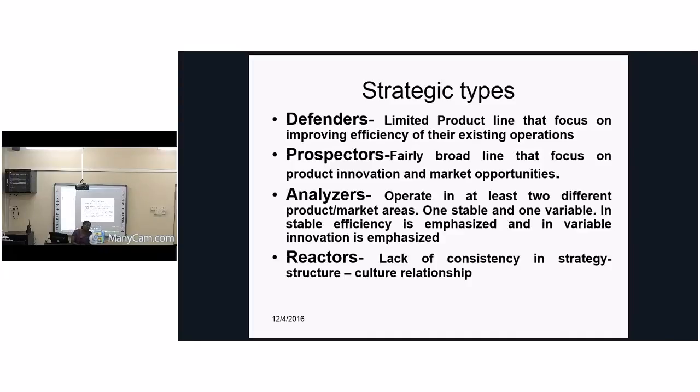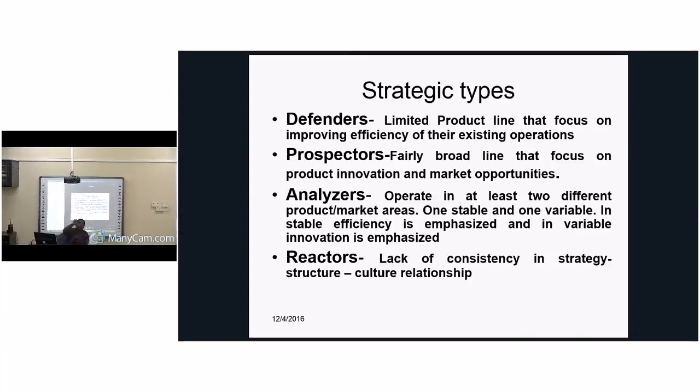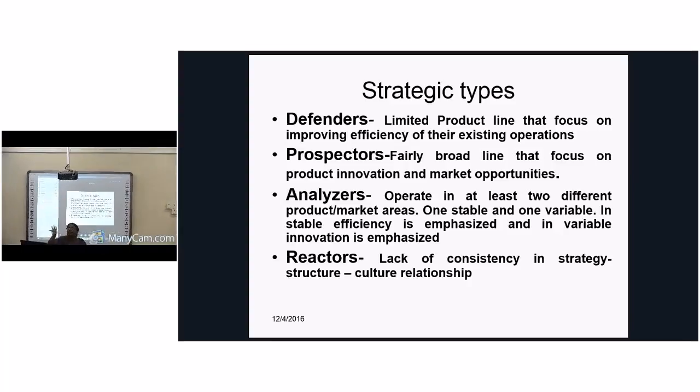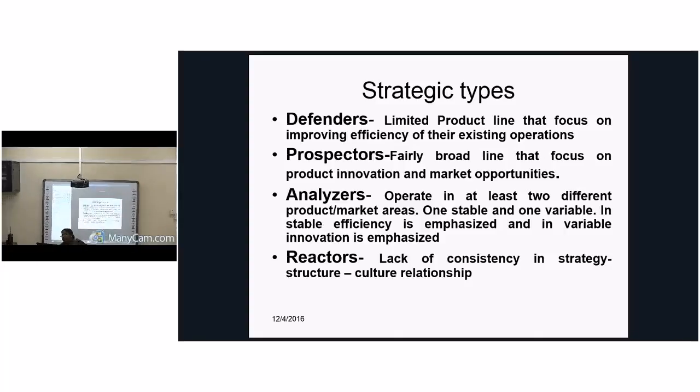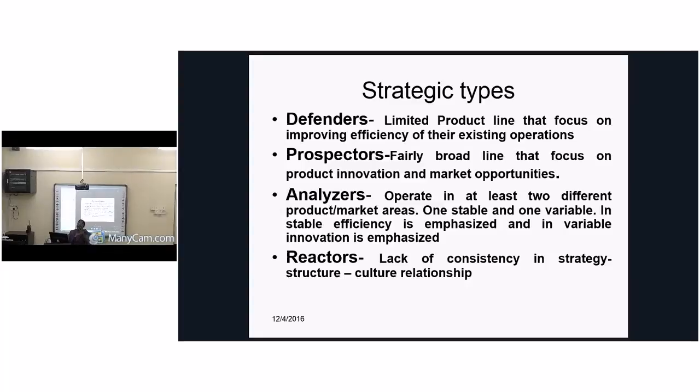Right? Based on the strategic type, you can understand your competitors. You can analyze your competitors based on the strategic type. Whether the defenders, the prospectors, the analyzers or the reactors. So, that is another way of understanding your competitors based on the strategic type.